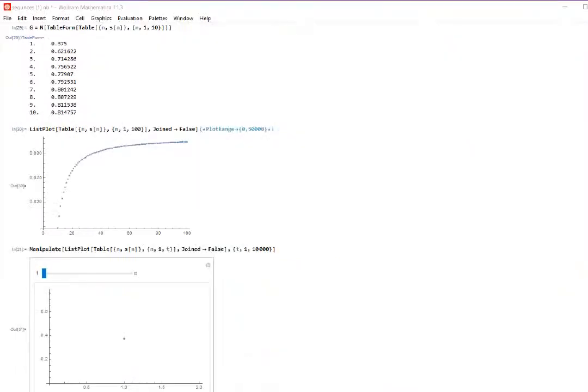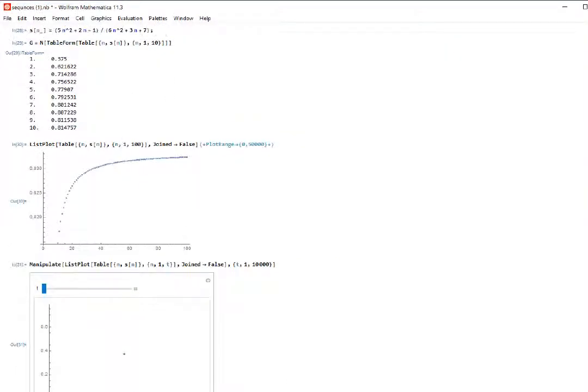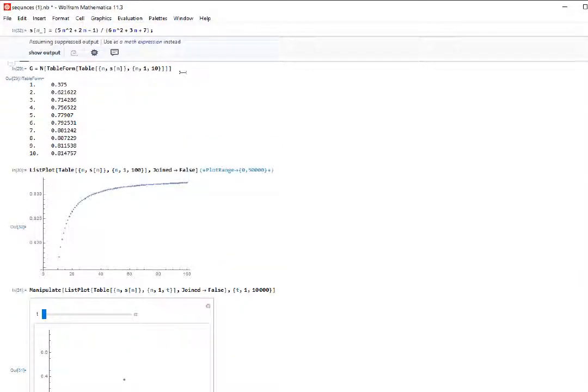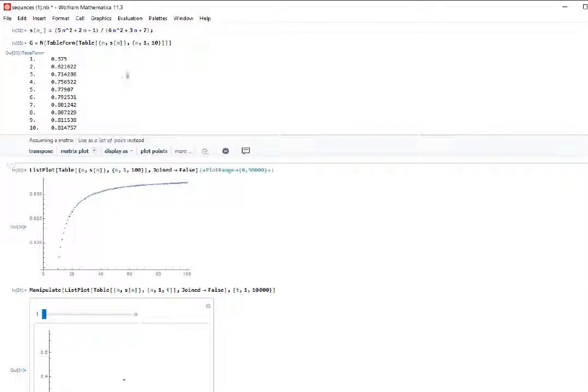Let's visualize this. So I have already input the sequence. If you don't believe me, look at the first 10 terms of the sequence: 0.35, 0.6, 0.714, 0.75, 0.77. The values of the terms of the sequence are increasing, but the jump between these terms are decreasing.